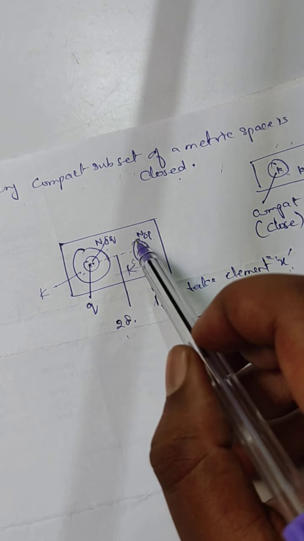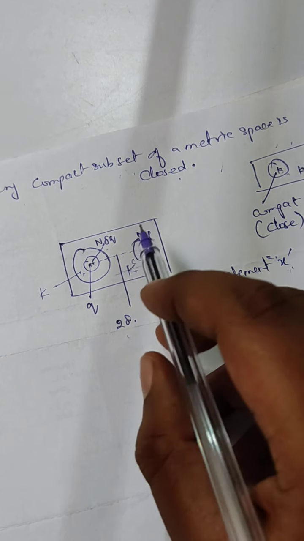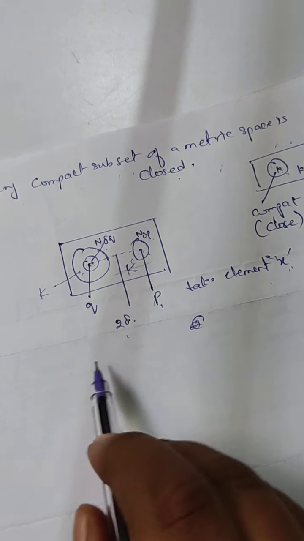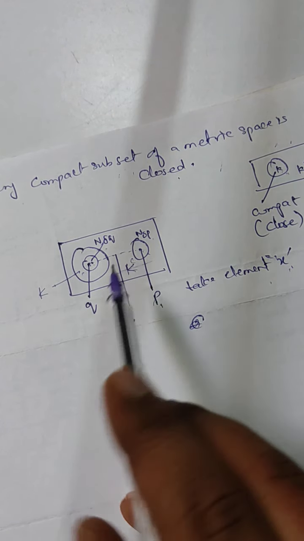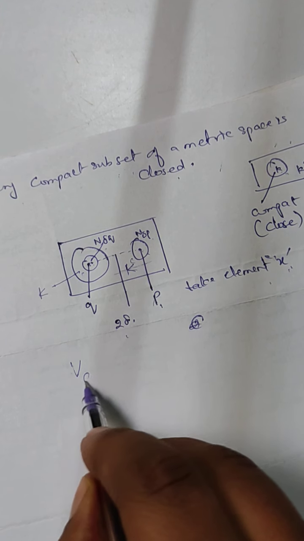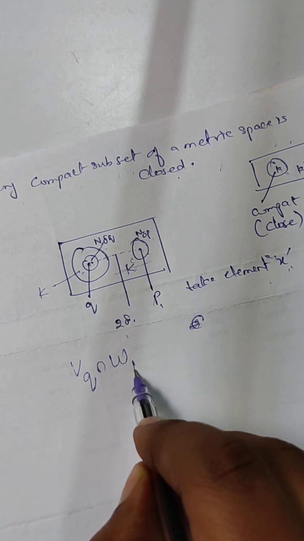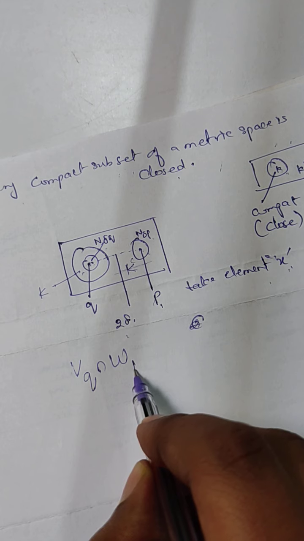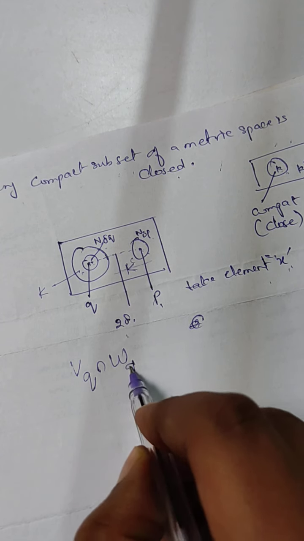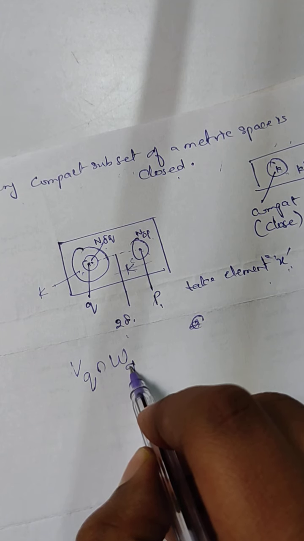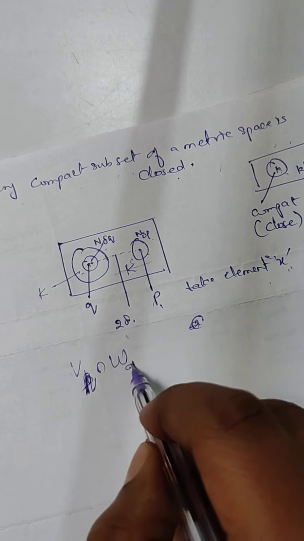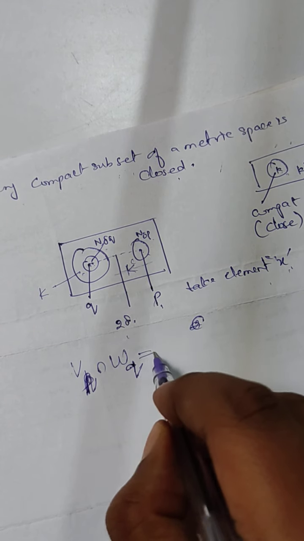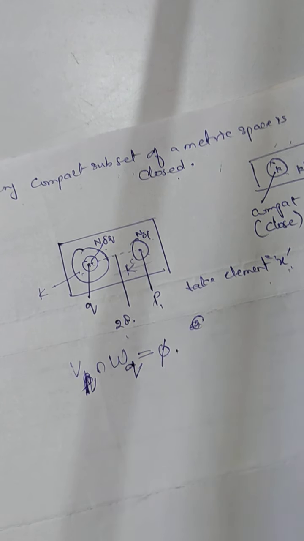All right, from this, but we know that the open sets around this, for example, let V_P intersection W_Q be equal to phi.